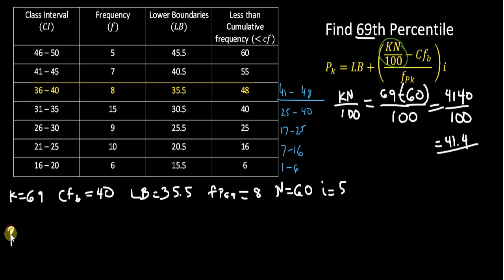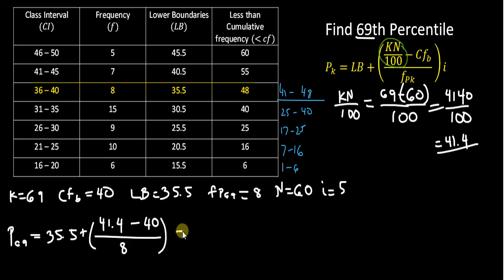So, P69 is equal to lower boundary is 35.5 plus the quantity of, again, kunin na lang natin yung 41.4 kasi pareha din naman dito. So, 41.4 minus cumulative frequency ito, 40, over ito, P69, 8.